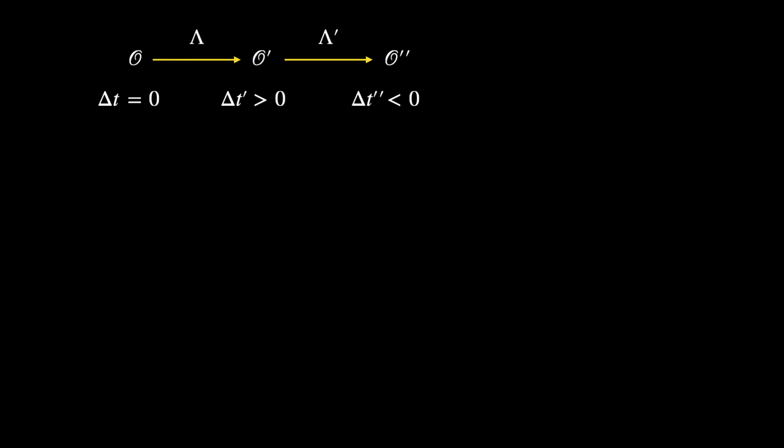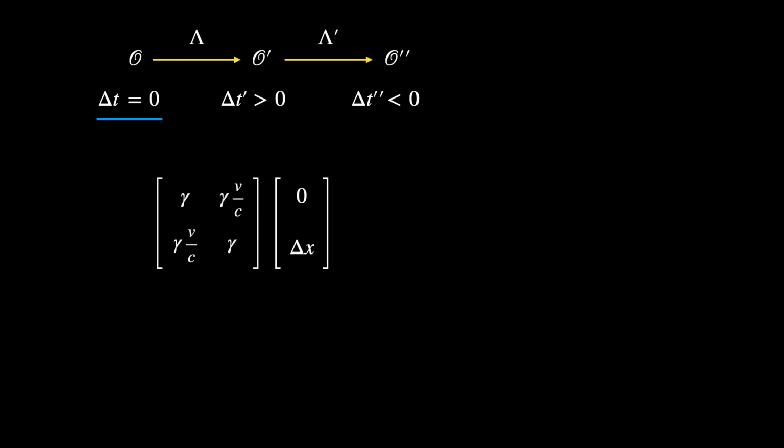Assume that lambda and lambda prime are both Lorentz boosts, no rotations involved. To keep things simple, let's also assume that all spatial displacements, as well as the Lorentz boost, are along the x-axis. First, apply lambda to the displacement measured by O to get the displacement for O'.